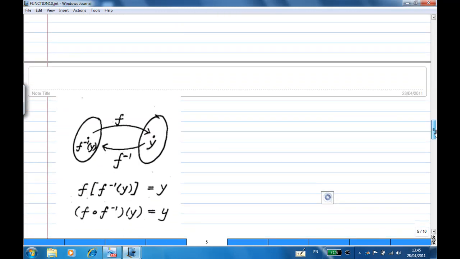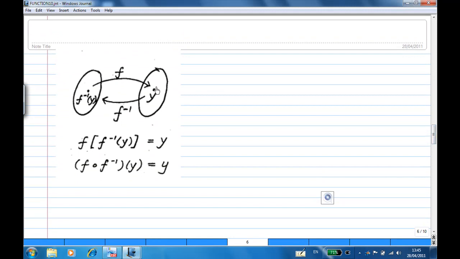On the other hand, if you start with y, you apply f inverse to y, you get f inverse y. Now, then you apply f again. Reversing the process, you should get back y.